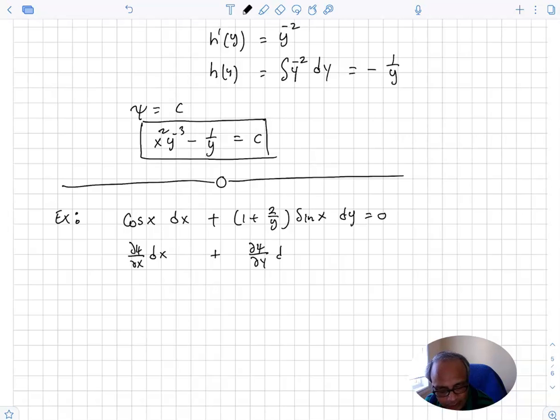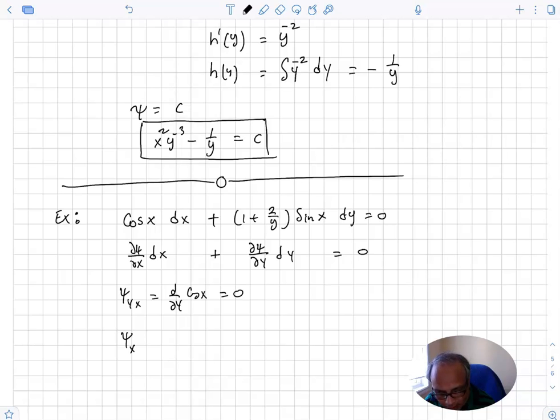So as I said before, in order for the equation to be exact, it has to be partial psi partial x times dx plus partial psi partial y times dy equals 0. And you look for the mixed partial derivative psi yx, which is d dy of cos of x, is 0.